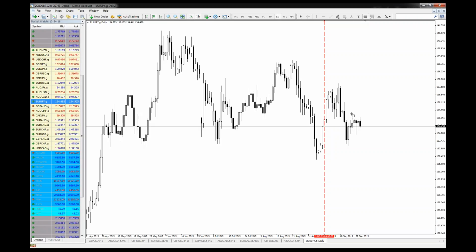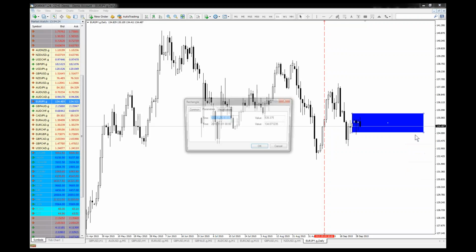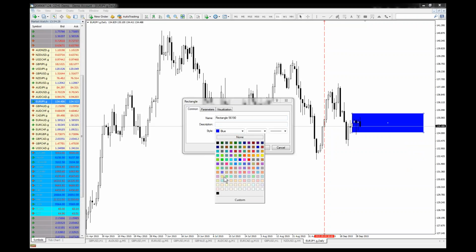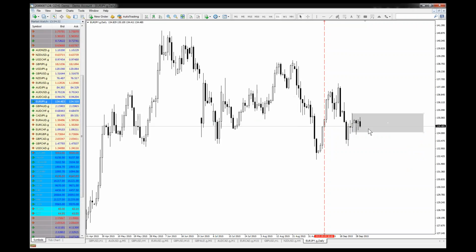So let's mark this. I want to change that color. And we'll come back to this for the set and forget trade later on also. All right, so this will come back to, and it's Euro Yen daily.